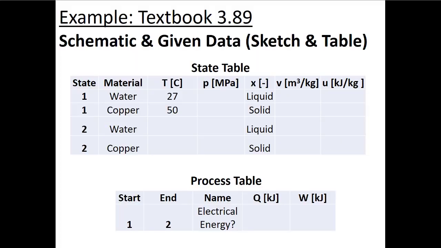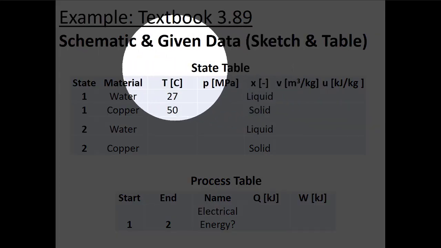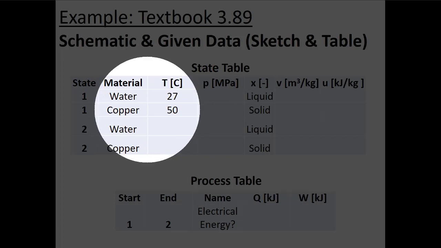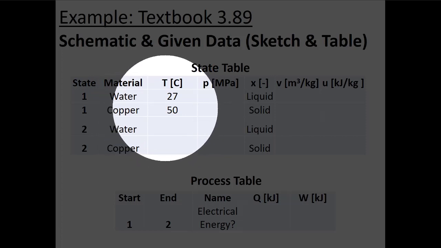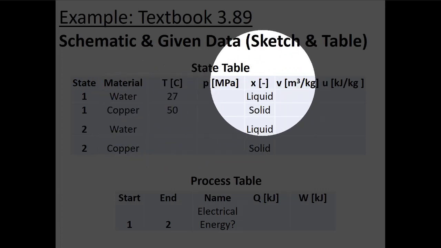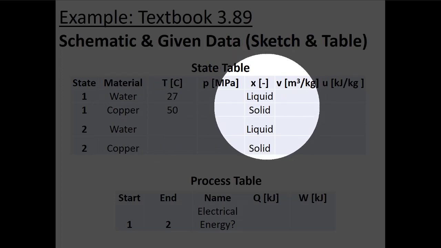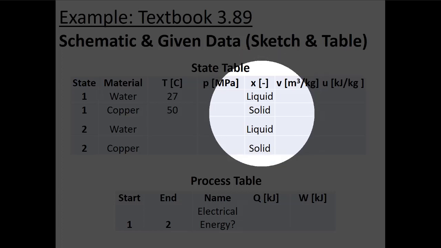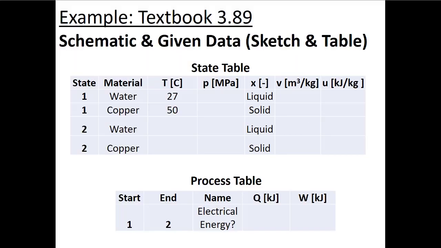So in this case, initially, at state 1, we have two different materials inside of our system: water at 27 degrees, copper at 50 degrees. We've talked about adding quality here, but in this case, we're assuming that no phase transition happens. So we're told that we're liquid water at the beginning. I'm going to assume it stays liquid water, and that the copper is solid and stays solid.